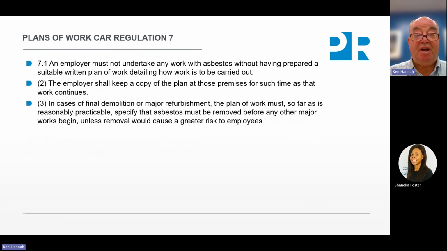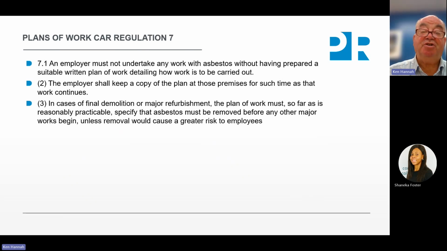An employer must not undertake any work with asbestos without having prepared a suitable written plan of work detailing how it's going to be carried out. So if you suspect that there is asbestos or ACMs present, you must get an R&D survey. And if you are going to be doing intrusive inspections or surveys, then you shouldn't be doing that until there is such an R&D survey.